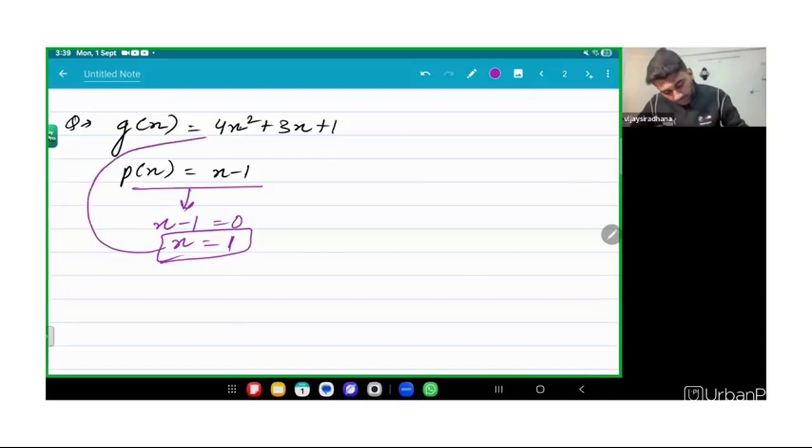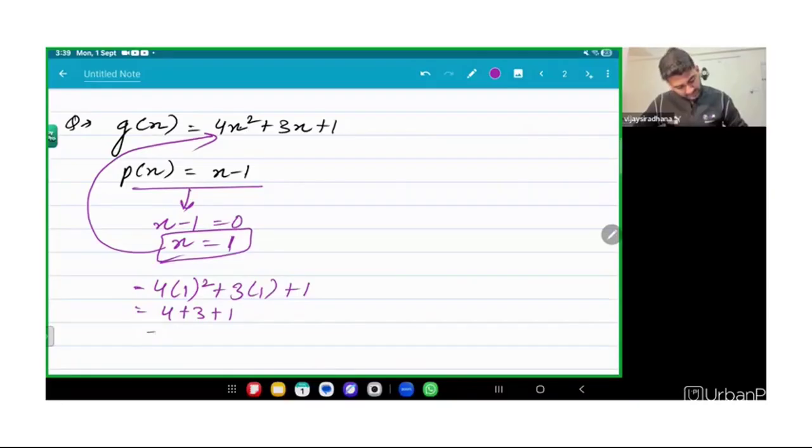Now we need to put this value of x in the g of x equation. So 4 of 1 square plus 3 of 1 plus 1. So 4 into 1 is 4, plus 3 plus 1, which is 8.